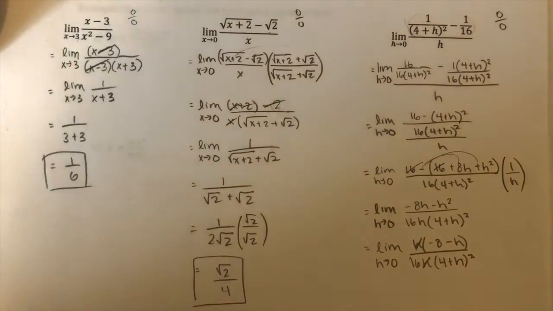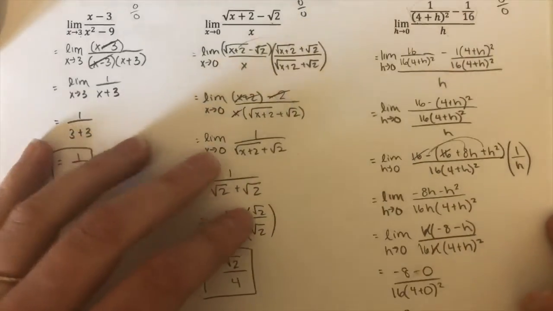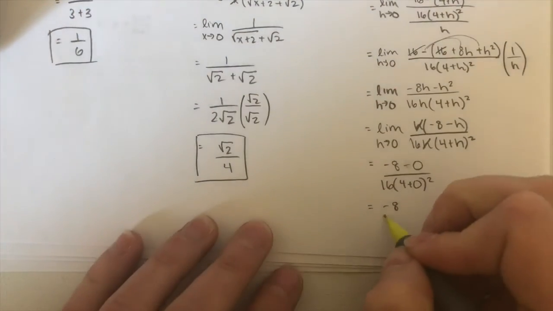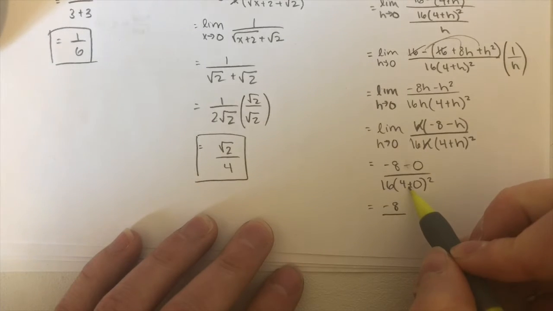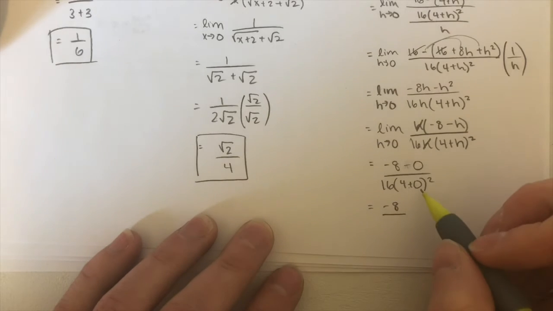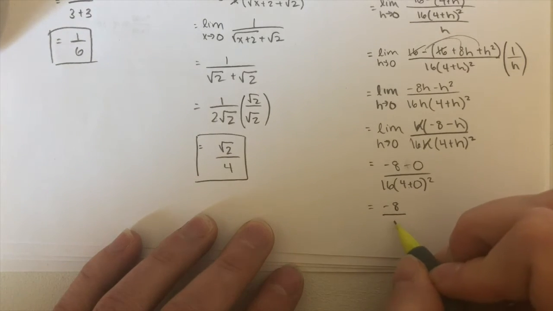There go my h's. So now if I plug a 0 in, I get negative 8 minus 0, over 16 times (4 plus 0) squared. So you get negative 8 over 16 times 16, which is, what even is that, 256.